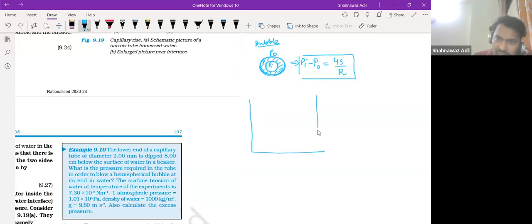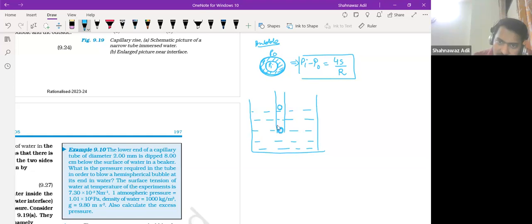So we have this beaker, and the water is inside this beaker, and we are putting a tube. So let's say the bubble is here, and we are pushing this bubble in here.